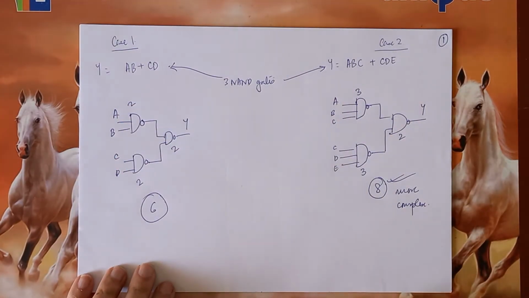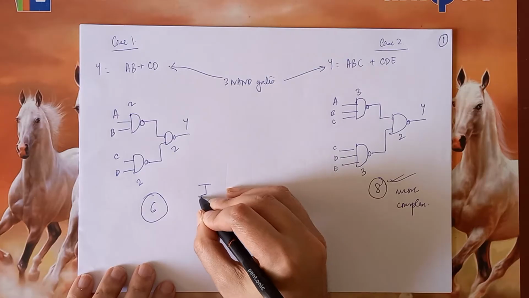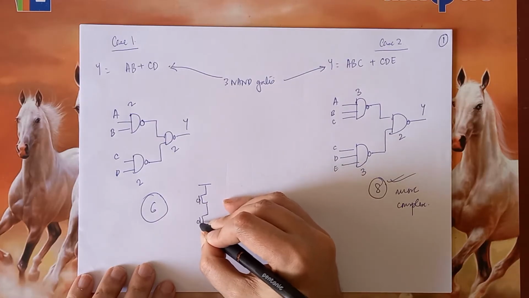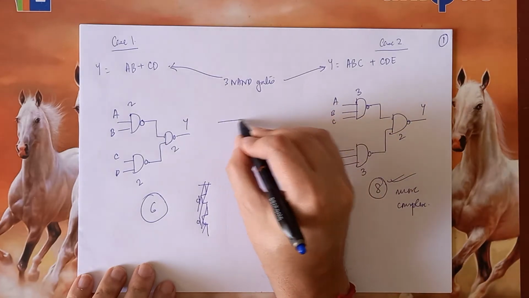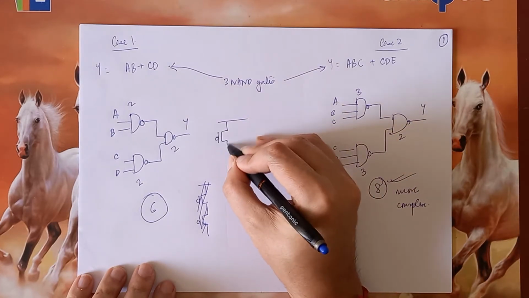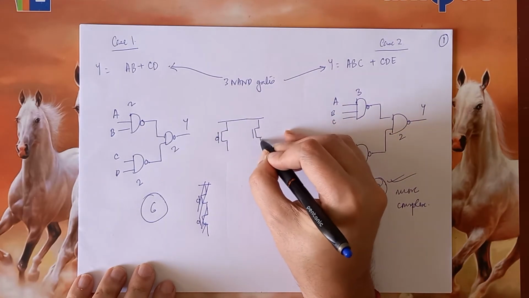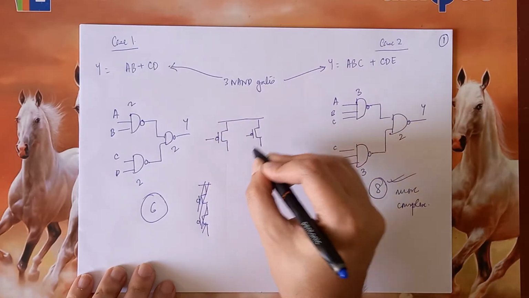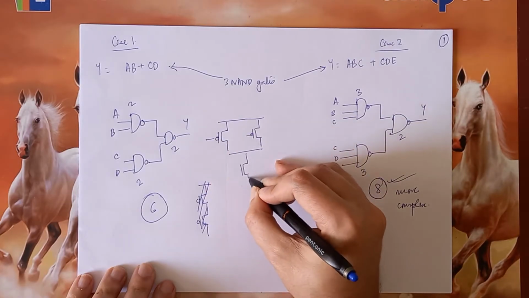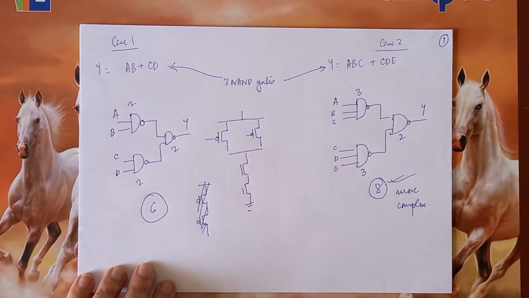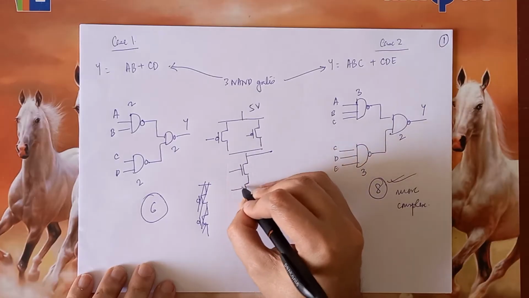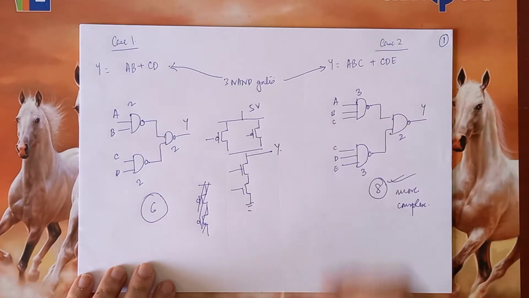So a 2-input NAND gate will look like this. 2 PMOSes in parallel and 2 NMOSes in series. These are the inputs and this is the output.